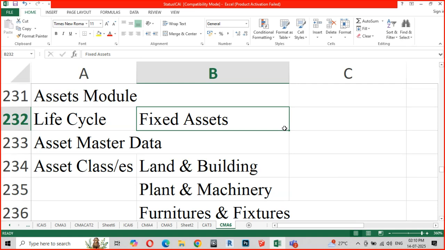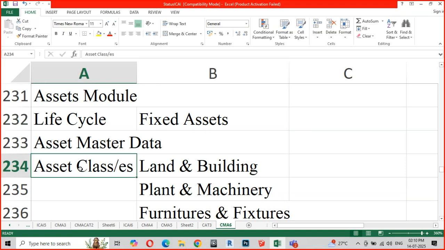It all starts with the creation of the individual master records. As far as asset accounting is concerned, we have the asset master data or the asset master record, which is called an asset class in SAP.